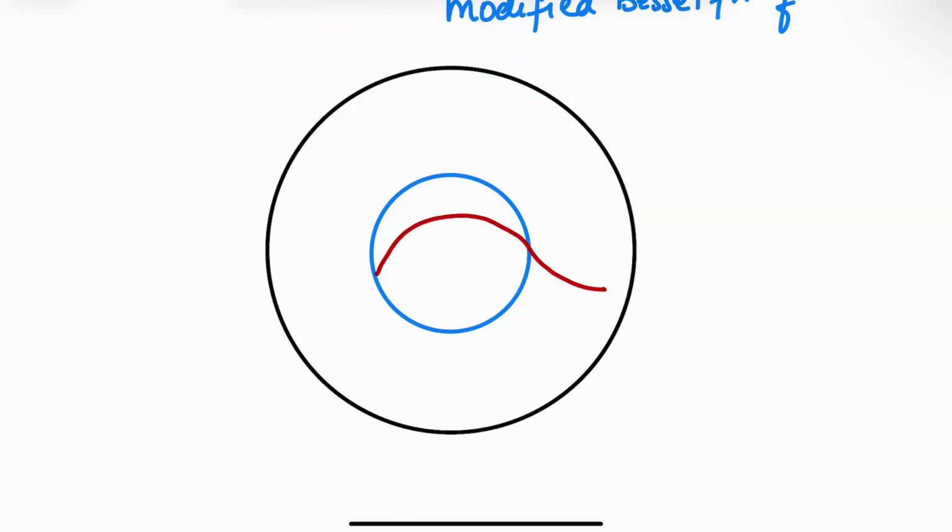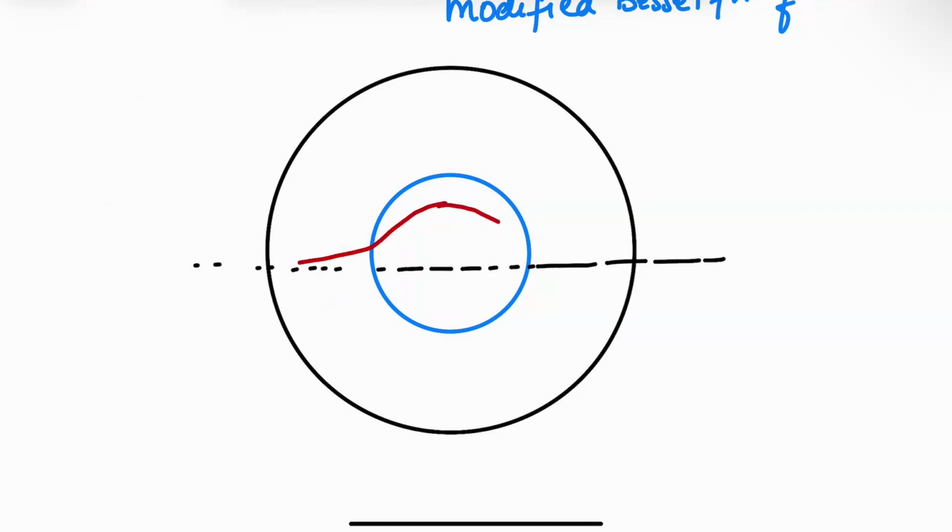Maybe I should redraw that. Let me make a line here. Okay, so a mode profile may be like this. It's sinusoidal in the middle and then exponentially decaying.